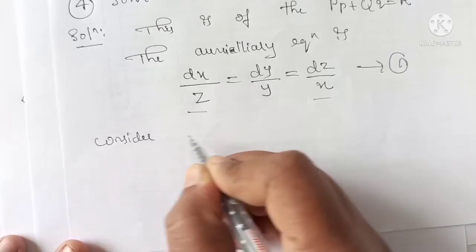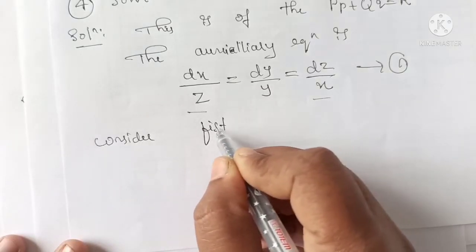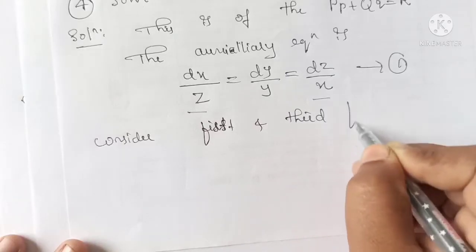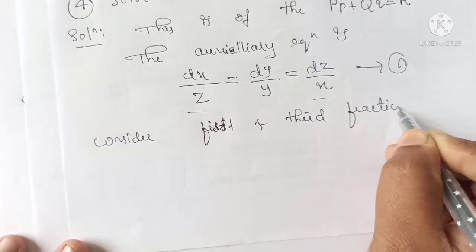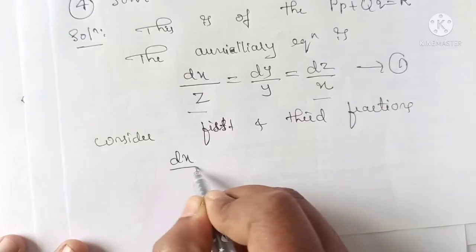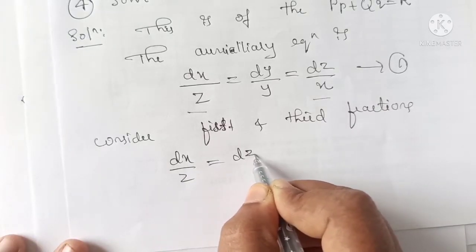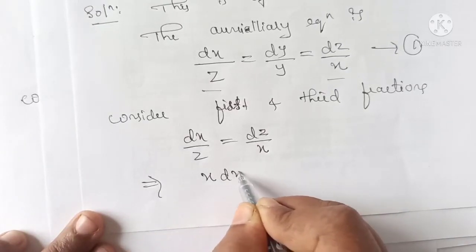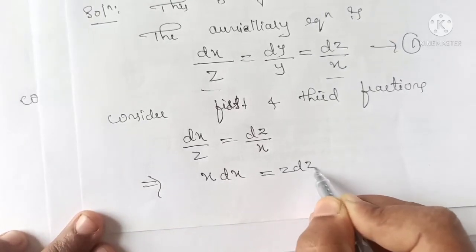Consider the first and third fractions. We get dx divided by z equals dz divided by x, so it can be written as x dx equals z dz.